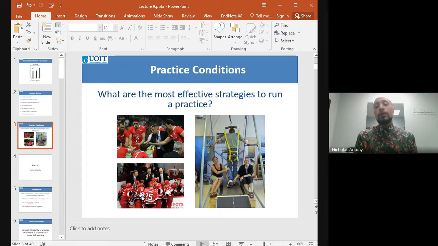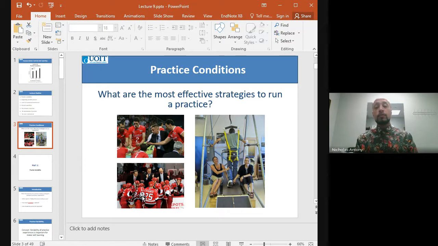So if you wanted to organize a hockey practice for students or kids, how would you organize the different drills? Would you have a scrimmage? Would you have them doing skating drills or shooting drills? Or how would you organize that based on what you want them to learn?